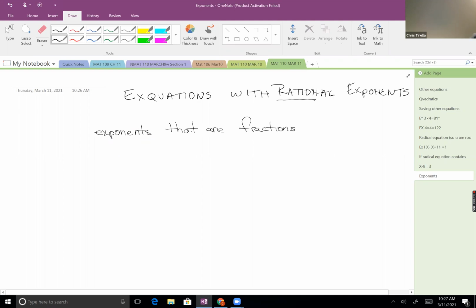And so, as a quick reminder, does everybody remember? A couple of things I want you to remember. Oh, Lord. How do you spell remember? If I have something to a fractional exponent, does everybody remember when a fraction is an exponent, it means I'm going to take a radical. My base is my radicand.